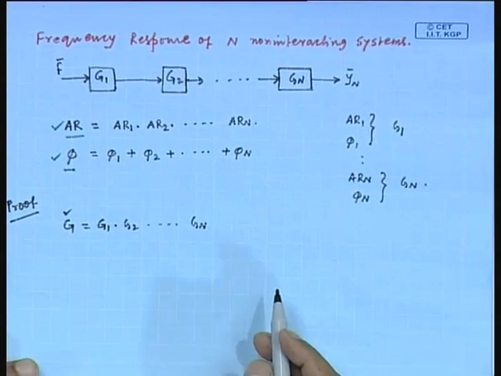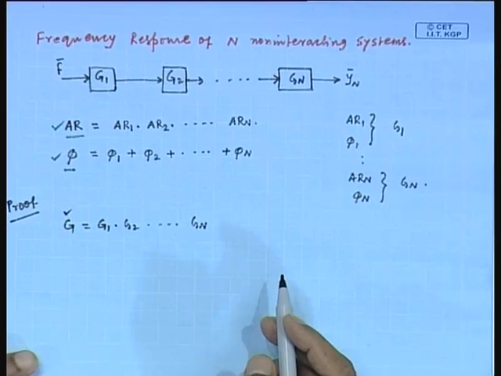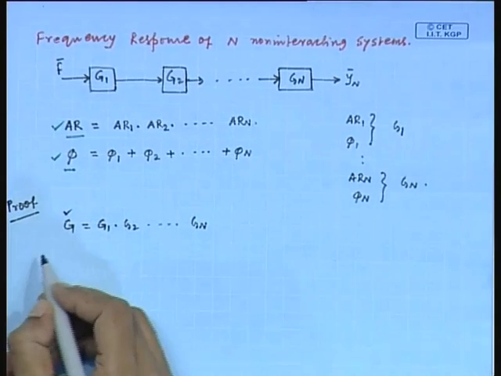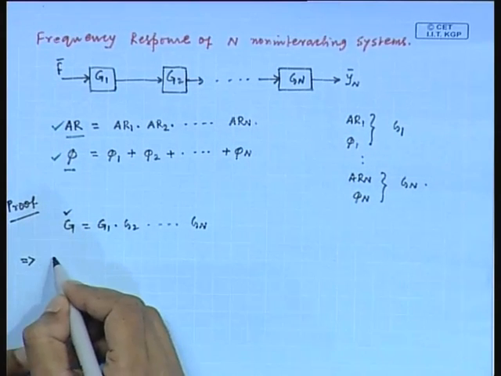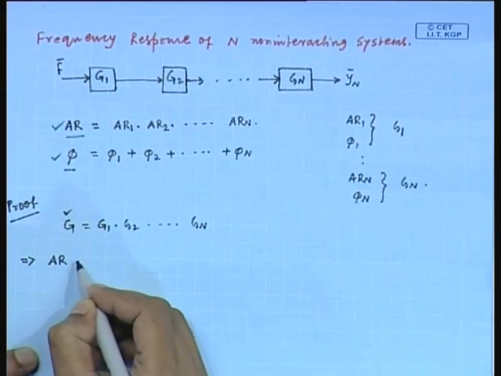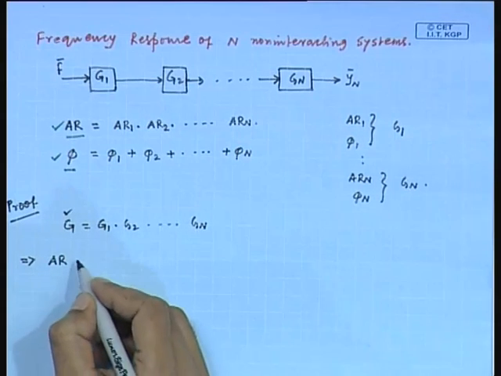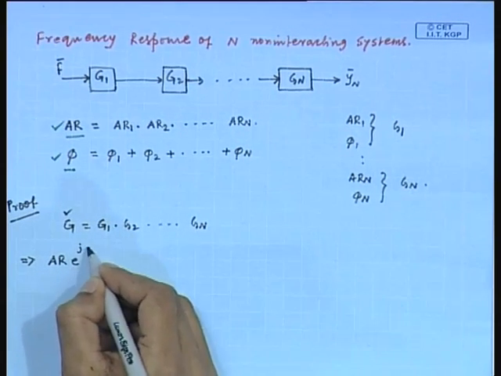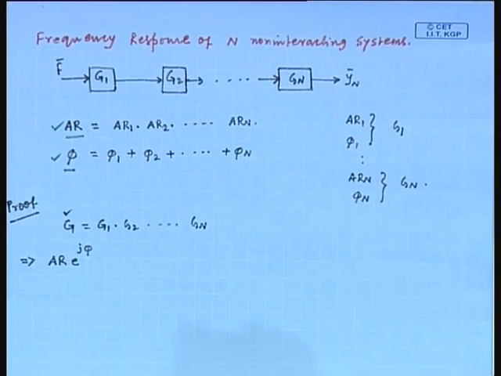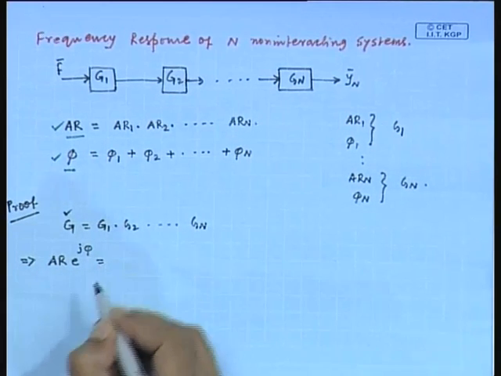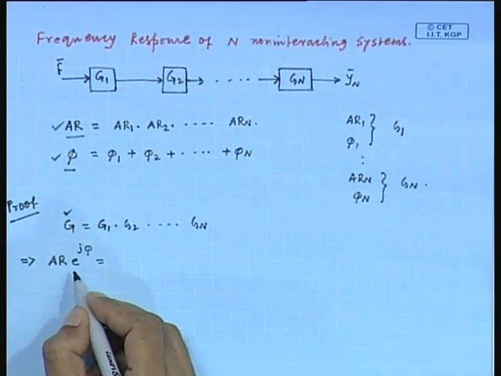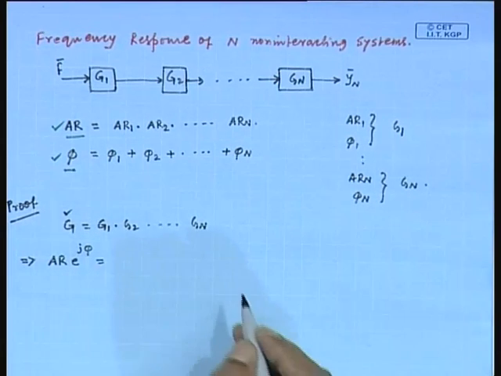Now, we will represent the transfer function in polar form. So, we can write amplitude ratio exponential j phi, this we have written for the overall system.